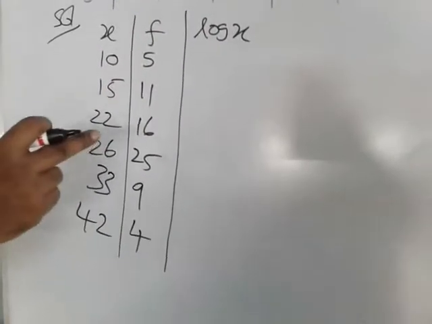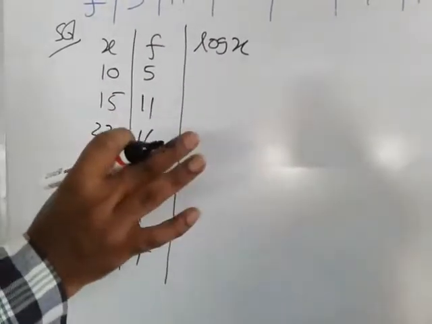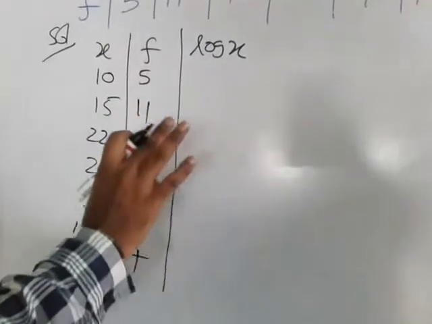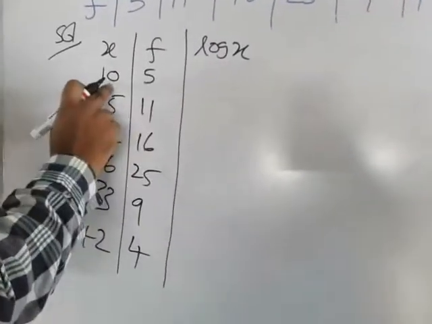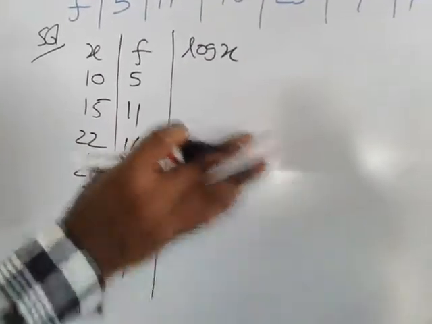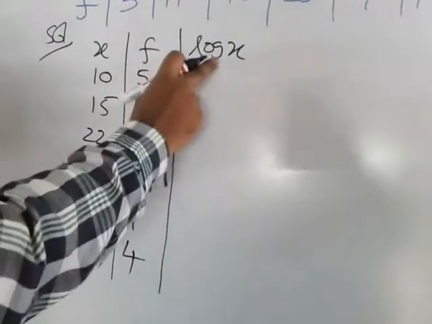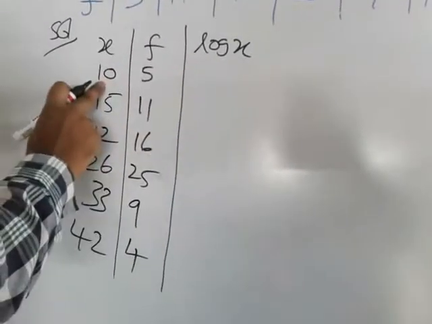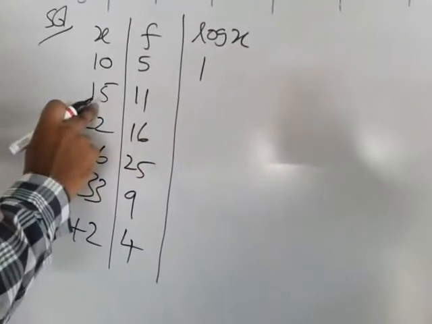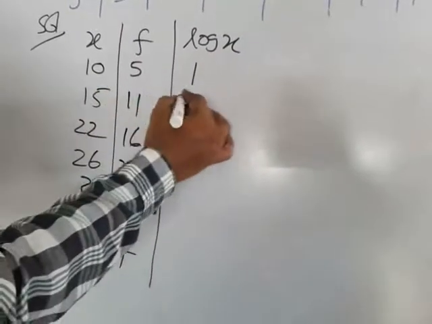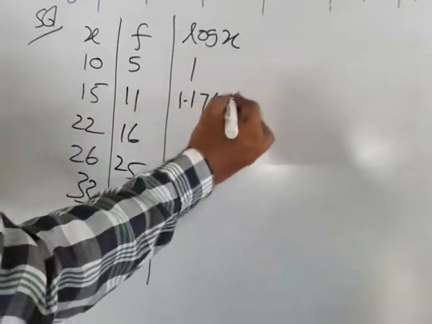I already told you how to find log. Here I am directly taking log of 10. If you have a scientific calculator, you can check using that. Log 10 is 1. Log 15 is 1.1761.